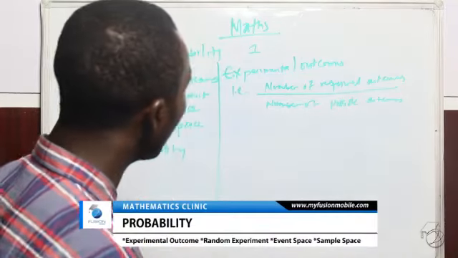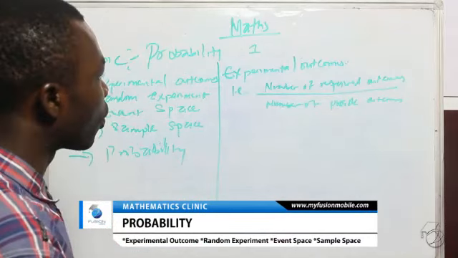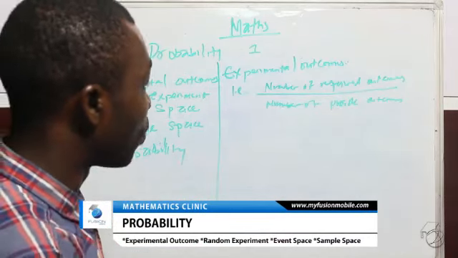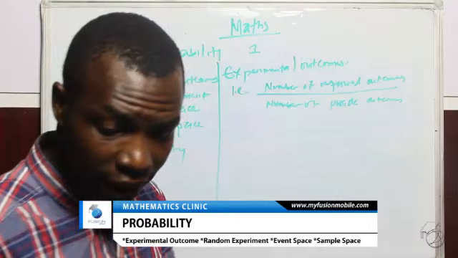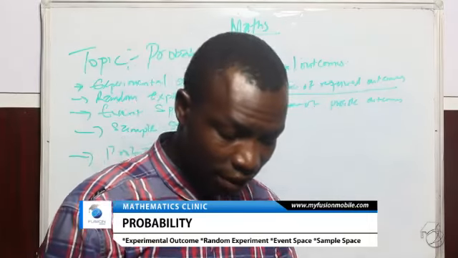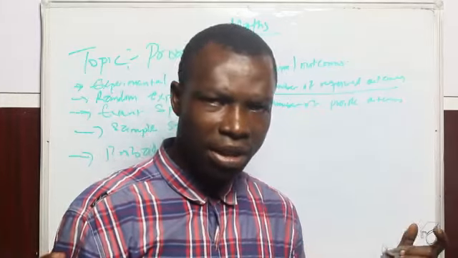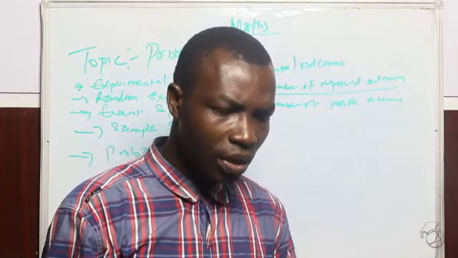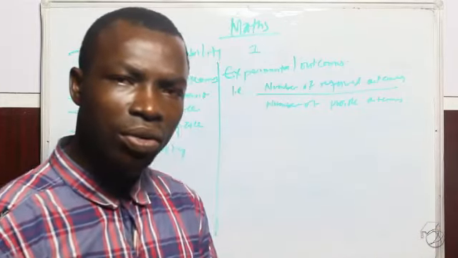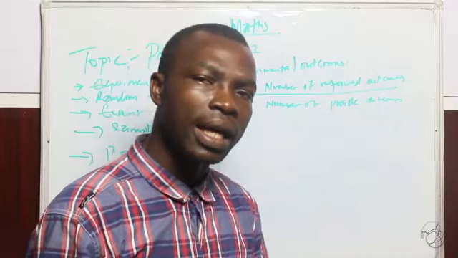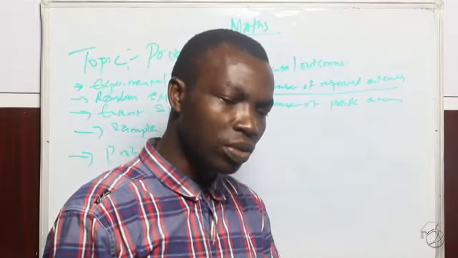So experimental outcome means number of required outcome over number of possible outcome, which I have said earlier on is number of trials. Number of trials that is carried out, that is called experimental outcome. Now, I want to show us an example that explains experimental outcome.